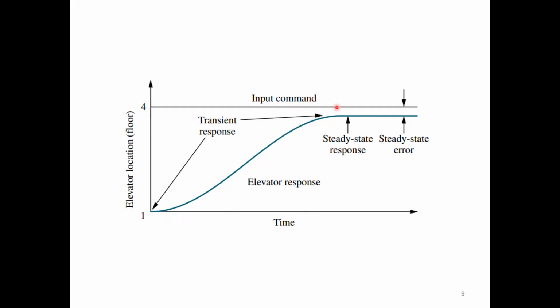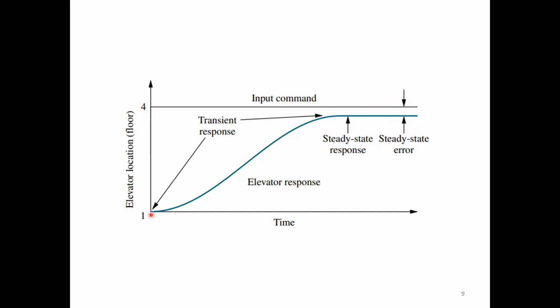So here, I use the input command, and at the steady state position, there is a gap. There is a gap between the steady state response and the input command. This gap, this error, is known as the steady state error.